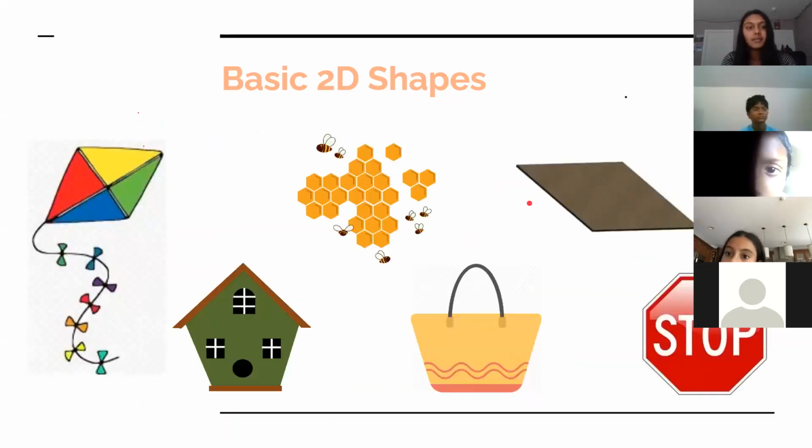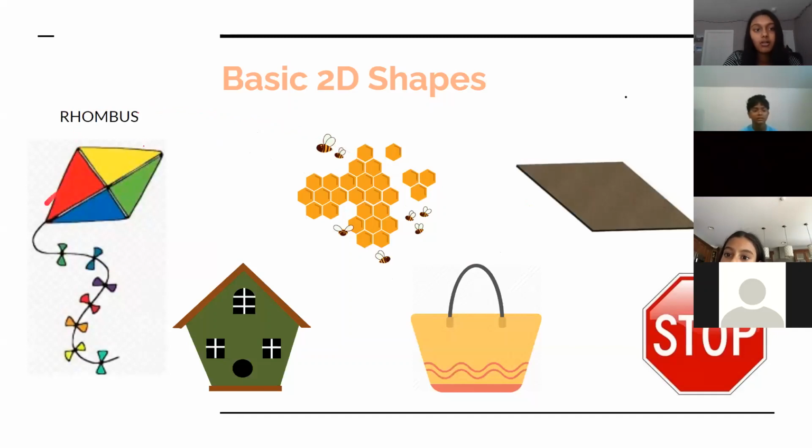Now we have our other shapes, a rhombus, where all 4 sides are equal, but these 2 opposite corners are the same, and these 2 opposite corners are the same. Notice how these angles are different, the ones that are right next to each other. And then we have hexagons, where you've seen them with little honeycombs, right? They have 6 sides and all the angles are equal.